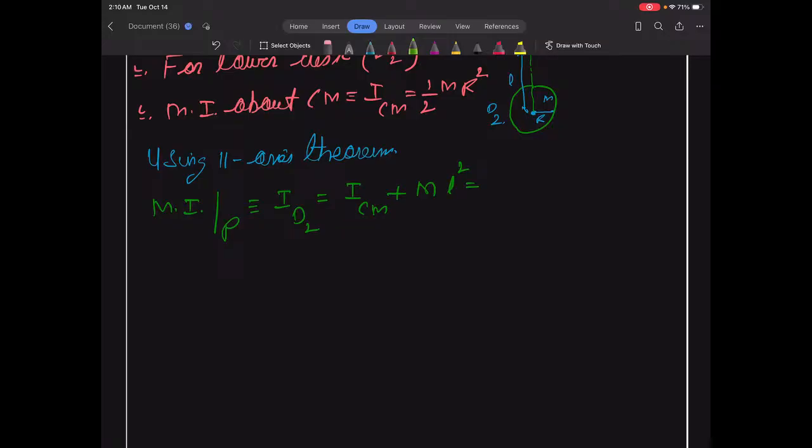And we get from here, this will be equal to our half m r square plus ml square.